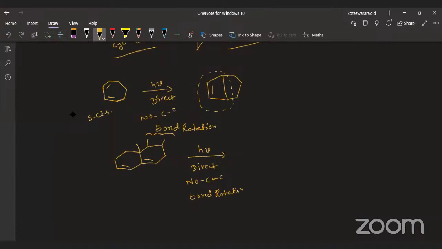Then that leads to the formation of this kind of product. Look here. Up to this is the bicyclobutane derivative. It is fused with the other five-membered ring.